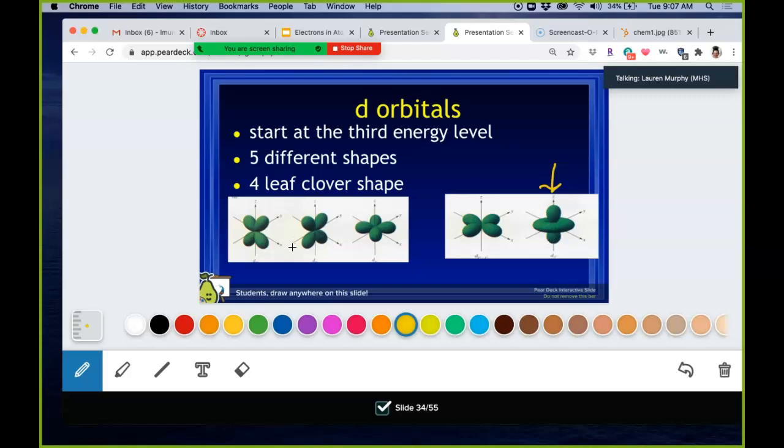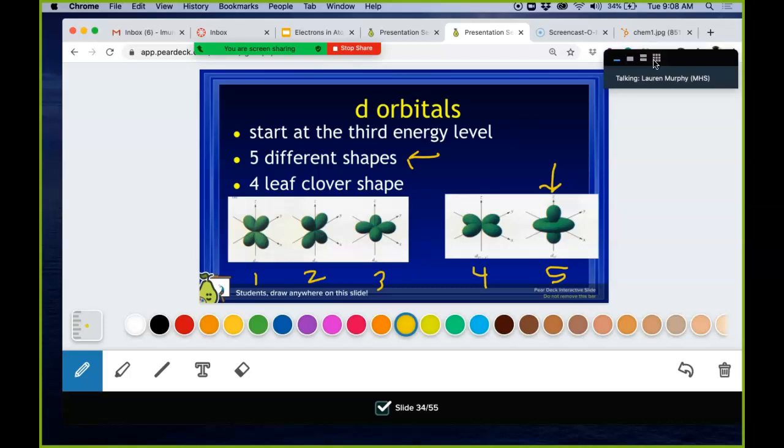So this is a weird one. But look, there's 1, 2, 3, 4, 5 different shapes, 5 different regions where electrons can be. Generally they do call it the 4-leaf clover, even though this one does not look like a 4-leaf clover, because the majority of the orbitals do.